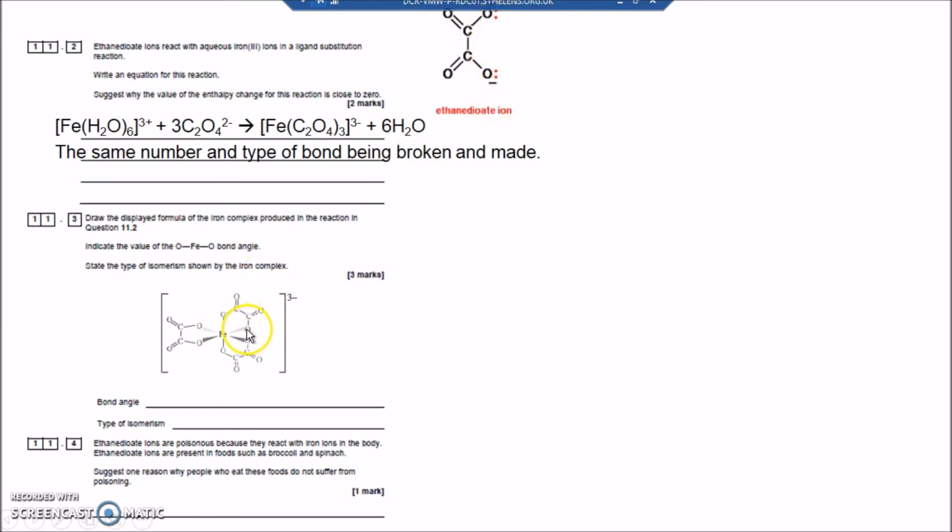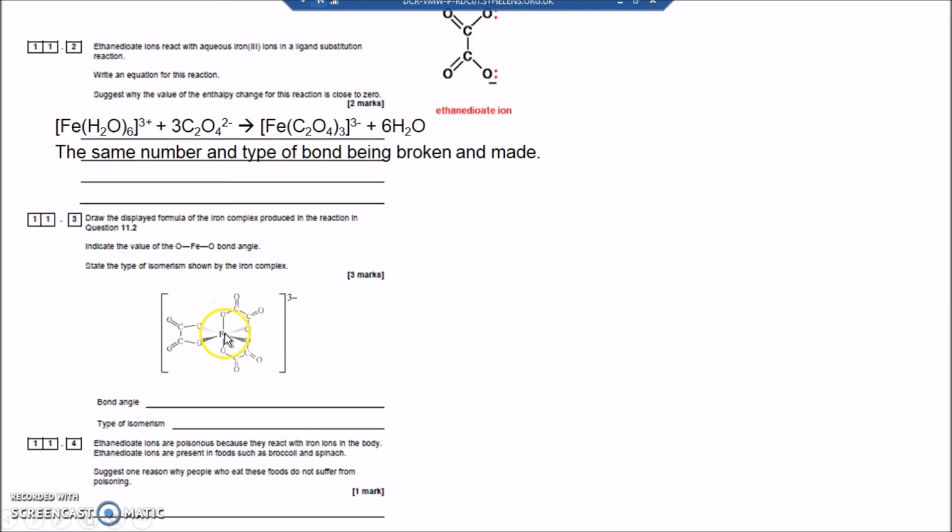So the lone pairs of electrons on the O's are going to be forming coordinate bonds with the Fe, and I've got 3 of them around it, and I've got 3 minus charge overall because the Fe is in +3 oxidation state. Each of these are -2 because they're 2- ions. 6 minus from the 3 ligands, 3 plus from the Fe leaves 3 minus overall. I'm not quite sure where the 3 minus is, so I'm just going to put a square bracket and a 3 minus around, to show that I know overall it's got 3 minus charge.